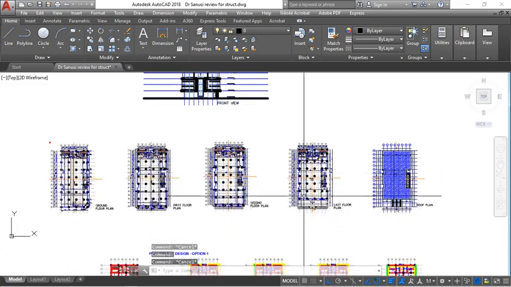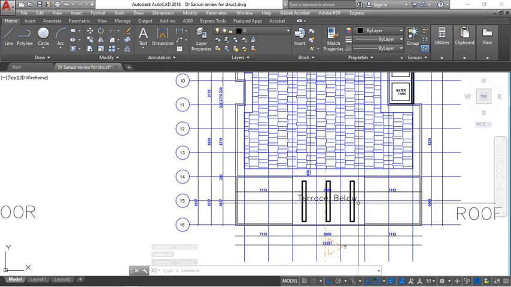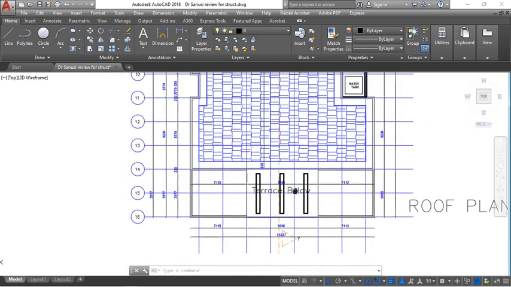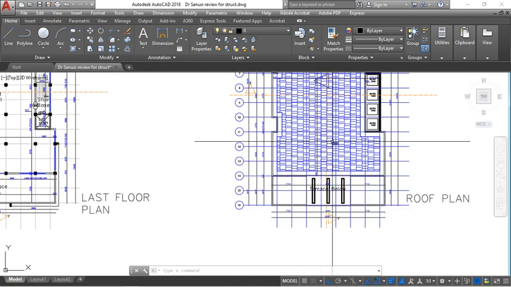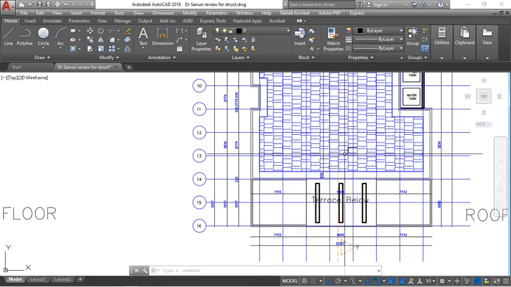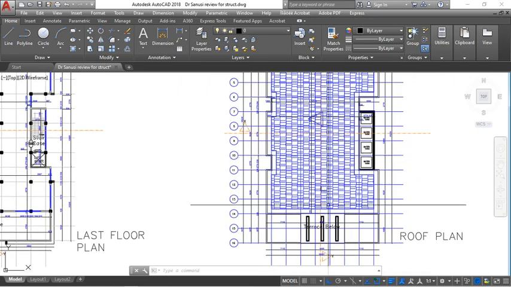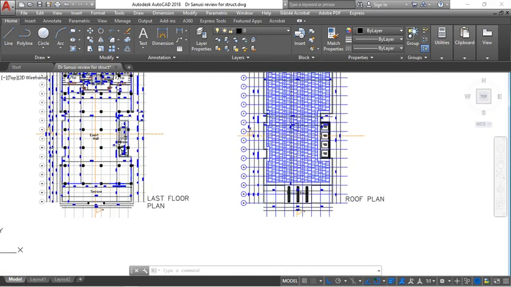Like I said, he did a good job, but we still notice some of it. As in this case, there's a terrace here, and he indicated a terrace below. This is the roof level, but when you are looking at the roof plan, you will see this terrace as well. So he indicated terrace below.